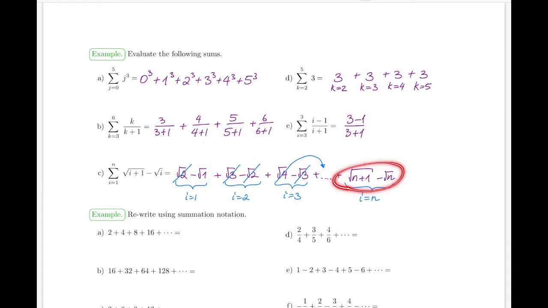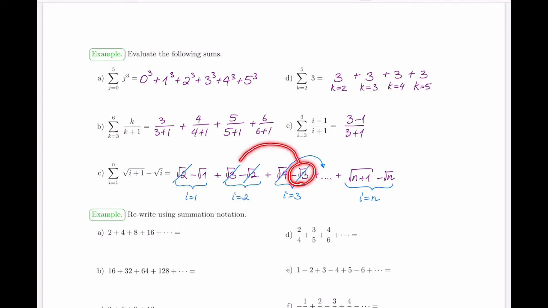Now, let's look at our last term. What's going to happen here? Am I ever going to see square root of n plus 1 anywhere in the previous stages? No, for the same logic. Everything here is increasing, and this is the largest thing I've seen so far. What about minus root n? Would I have seen that anywhere previously? And you can think of how we've matched the pattern here. The second term in each of these pieces, has that appeared somewhere before?